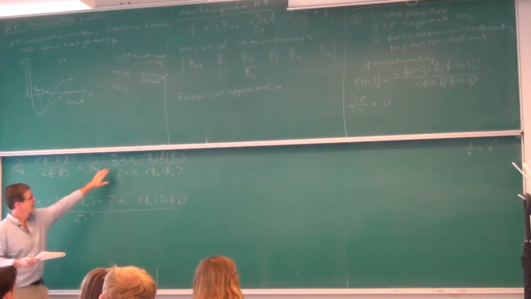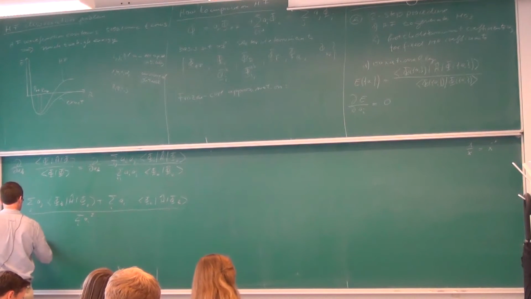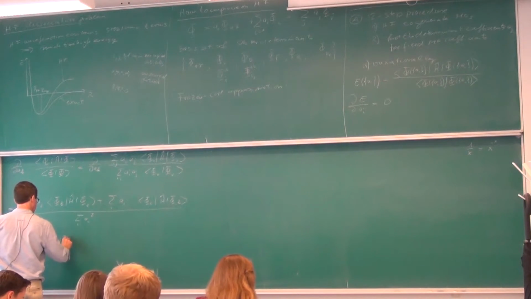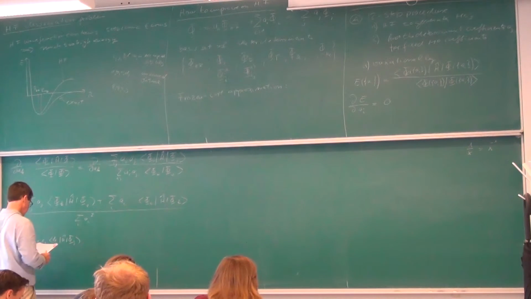I keep the numerator as it is, so I still have the sum over i and j, a_i, a_j, and phi_i Hamiltonian phi_j.